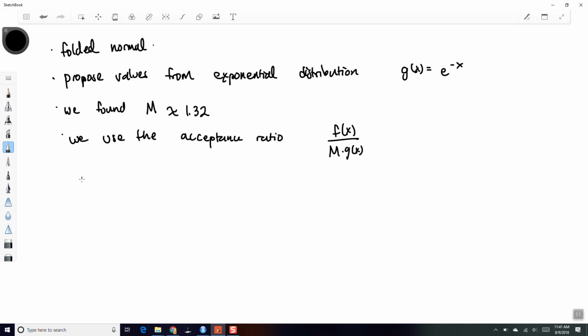We accept a proposed value if u is less than f of x divided by m times g of x.